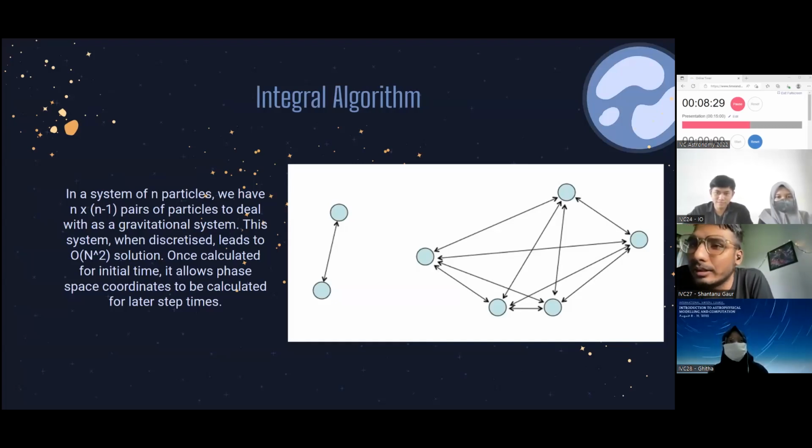So the number of pairs is of the order n times (n minus 1), which is approximately n squared. That is the order of discretization that is going to be followed. Now that we've understood the numerical method that we're going to use to calculate the orbit, I'll be handing it over to my colleague Gading so that she can explain the rebound package.